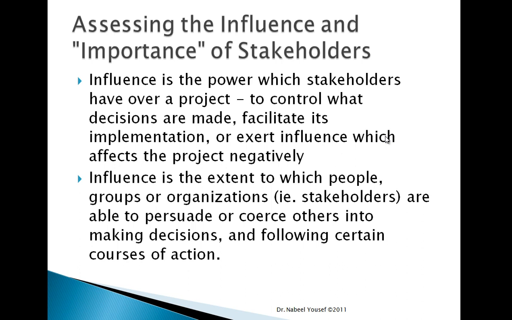It can also be added to the table to document the influence or the power of the stakeholder over the project. Does it control the decisions? Does it facilitate the implementation, or does it influence the project negatively?